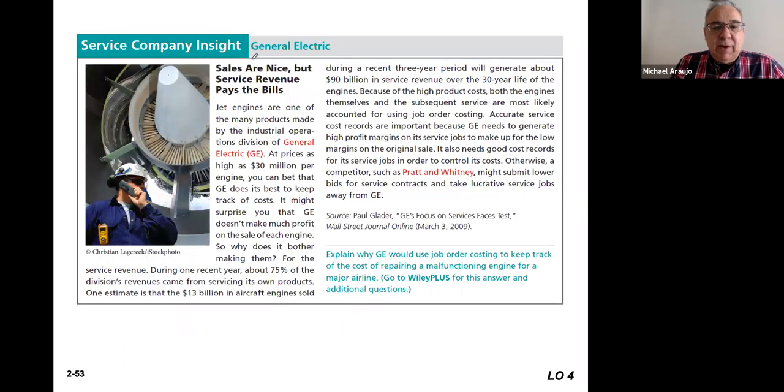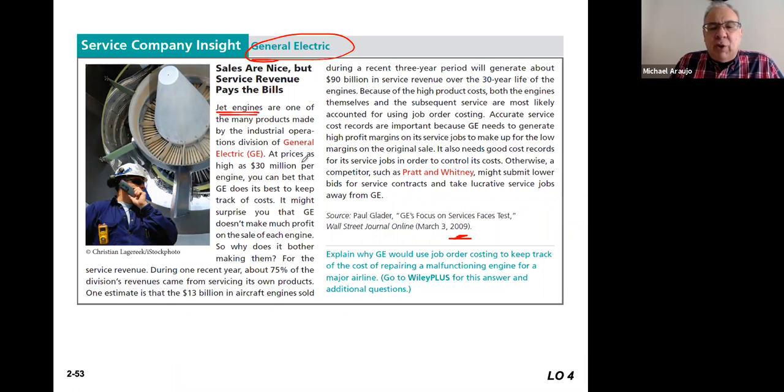All right, so here's another little story, but this one's on General Electric, which, of course, was written based on something in 2009. It's a totally different company now. It's much, much smaller than it was before. But one of the things that GE had been known to do for many, many years, and they might have sold this part of the business off, is that they actually make jet engines for many of the airplanes that you and I might have been on.